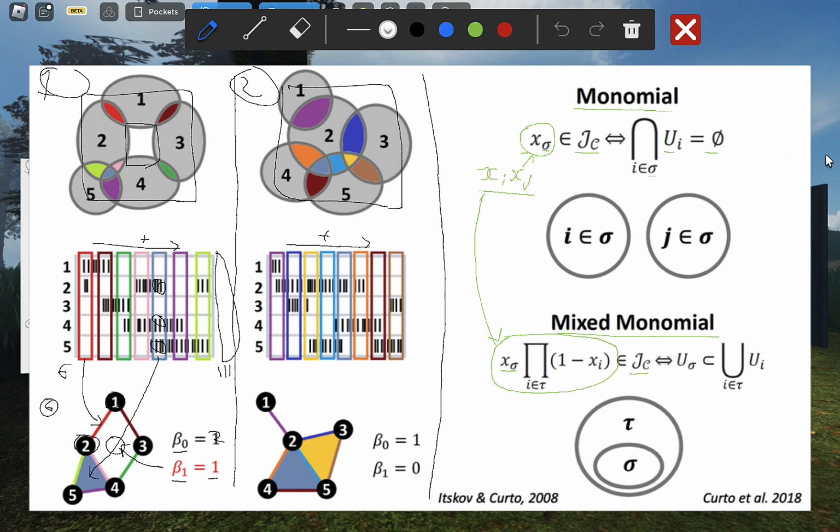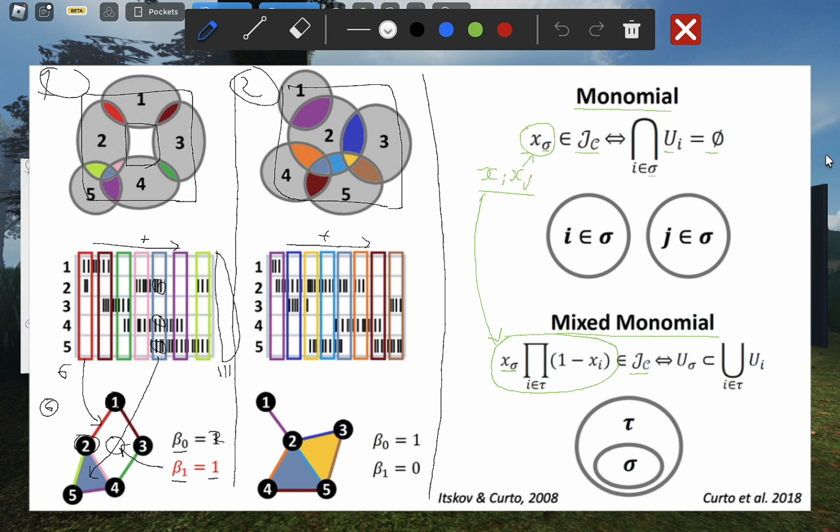Sorry, I think I'm a little confused. So sigma stands for a set of neural fields, right? So in this case, a set of integers between 1 and 5 with 2 or more elements, or is it always 2? With at least 2, yeah, 2 or more.